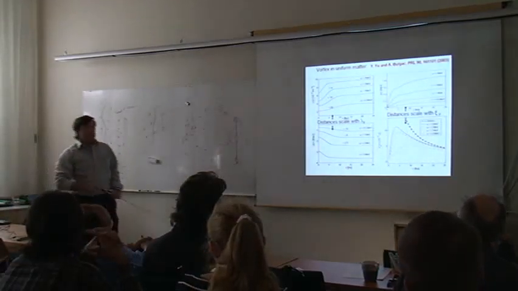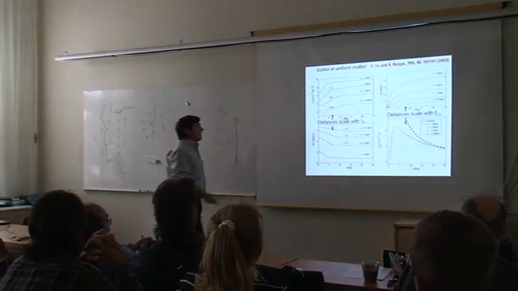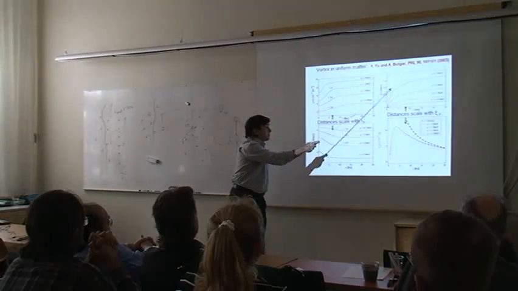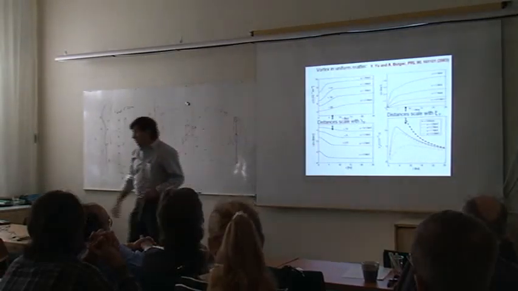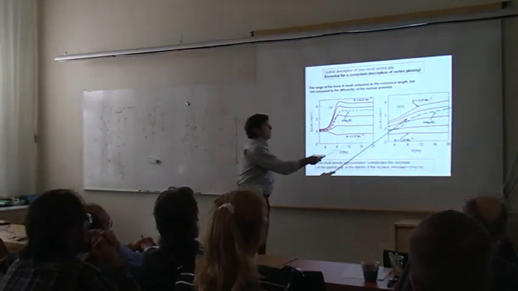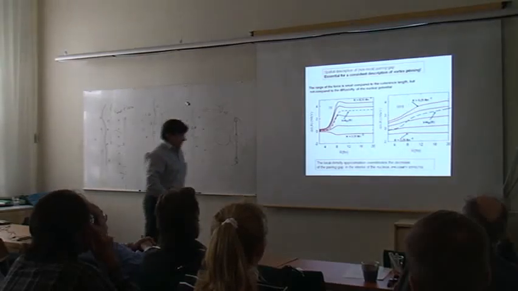But a smaller gap means a smaller condensation energy. So we are losing condensation energy in this region close to the axis, and we are also losing condensation energy where the nucleus is present.